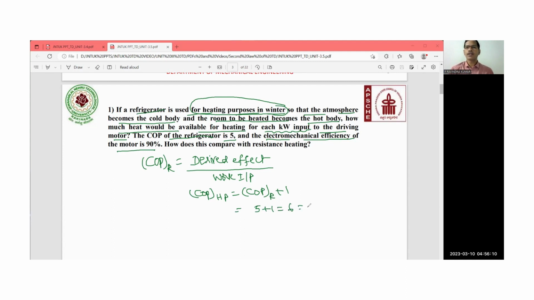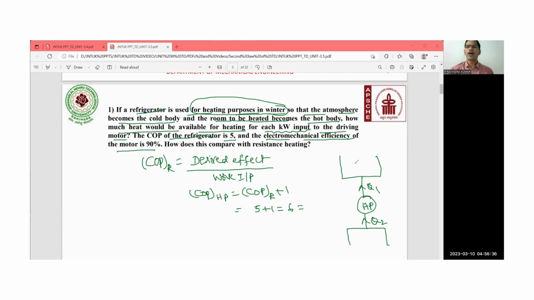Then what about this 6? The desired effect, try to draw the diagram. Though the diagram is not there in the textbook, try to understand these particular things. So observe the directions. This is Q2 and the heat pump. That means the refrigerator is used for heating purposes.